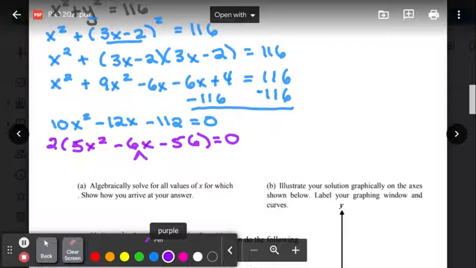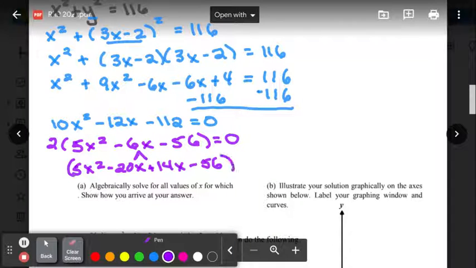So two numbers that multiply to, I think it's like 250 or something, and add up to negative 6, I get negative 20x plus 14x. Full disclosure, I'm just copying this part from my key. 5x squared. It's a little early. I don't want to think too much.